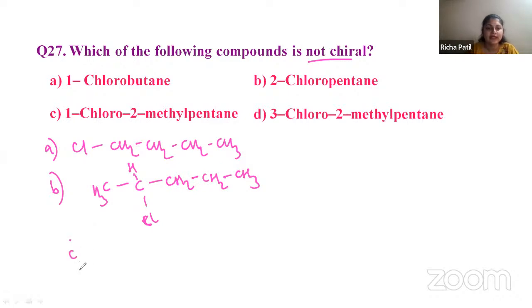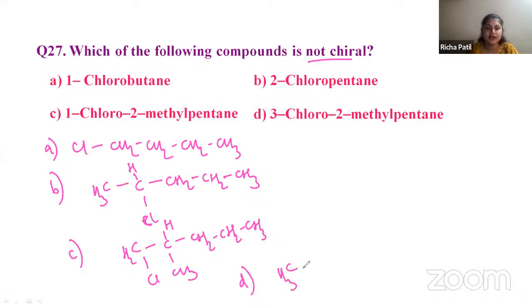Then C is 1-chloro-2-methylpentane, so it will come like this: CH2Cl, CH, CH3, CH2, CH2, CH3. Then the D: CH3 CH CH3, C Cl H, CH2 CH3. Yes, can you tell me?